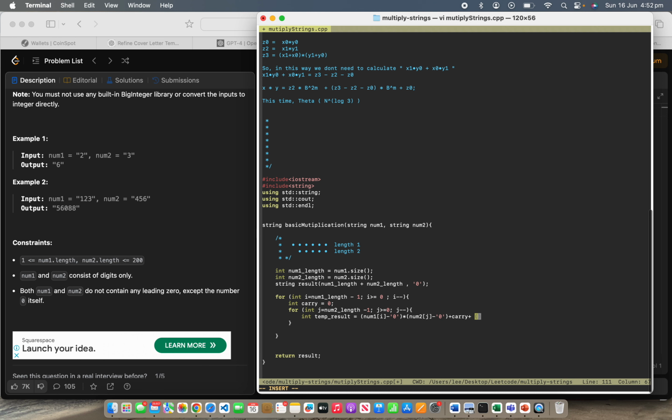So carry, and well, we're going to do this as well. This is the previous i plus z. So let's say this part will be i plus z plus 1, and then we convert this to the integer type.